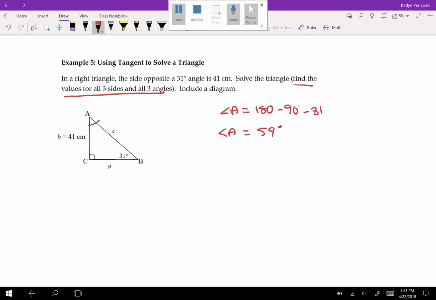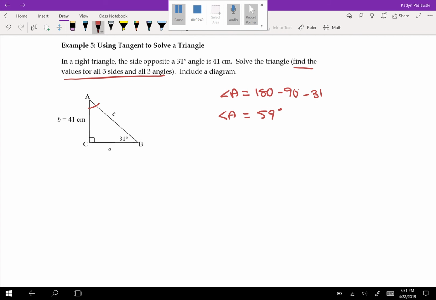We now have to solve for side A and side C. Now, if we solve for side A using the tangent ratio, we can then use Pythagorean theorem to solve for the hypotenuse. So let's use tan 31 is equal to opposite over adjacent, and the value we were given is opposite.